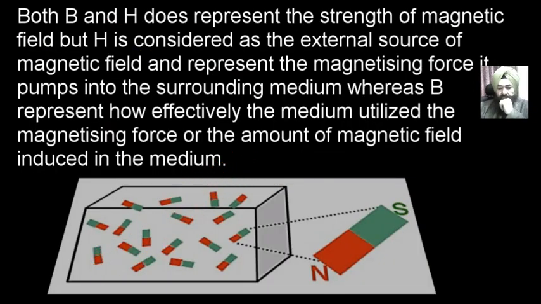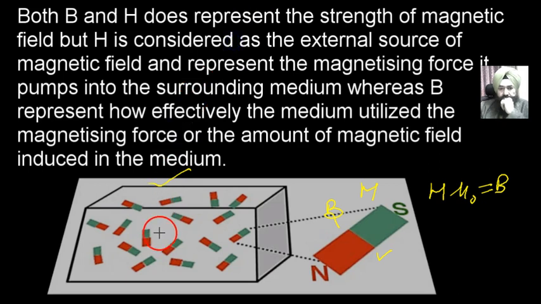Now, for example, we are having a magnet. Magnet produces a field H, but when H comes in the free space, it becomes B. Now, what is the role of B? Now, this is a paramagnetic material or ferromagnetic material. What is para or ferro?